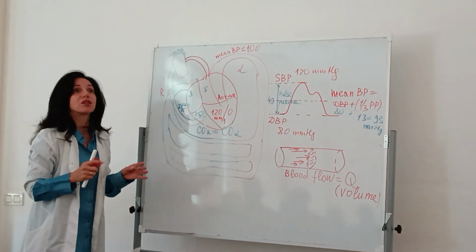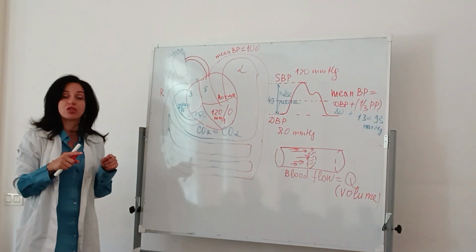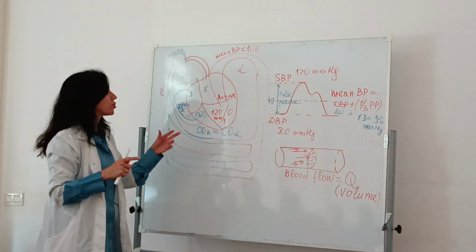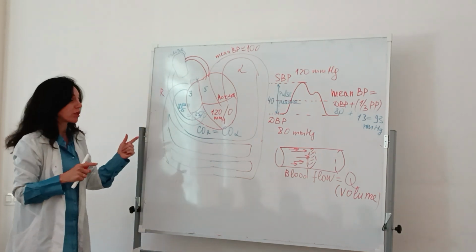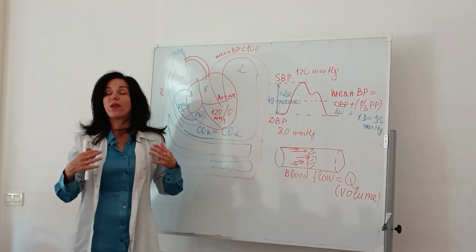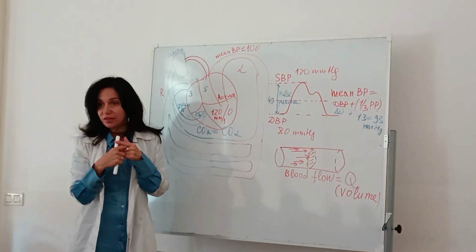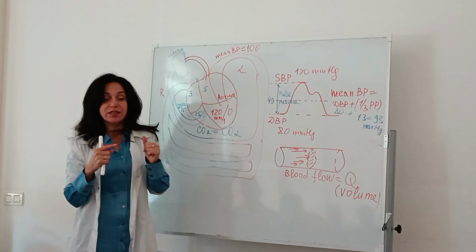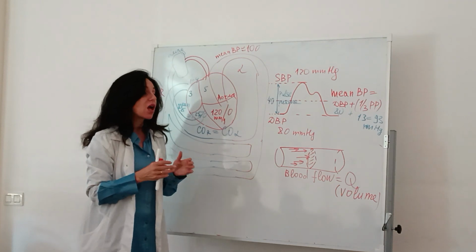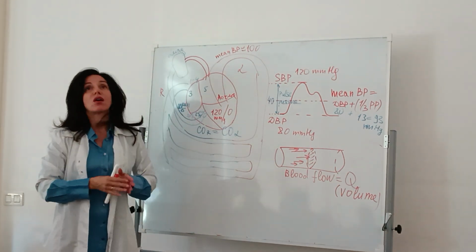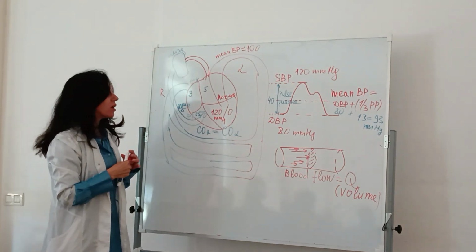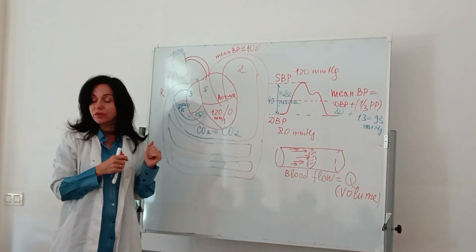At rest, in the circulatory system, pulmonary circulation equal to systemic circulation, the blood flow across the cross section of all blood vessels, all arteries or all capillaries or all veins, equals cardiac output.